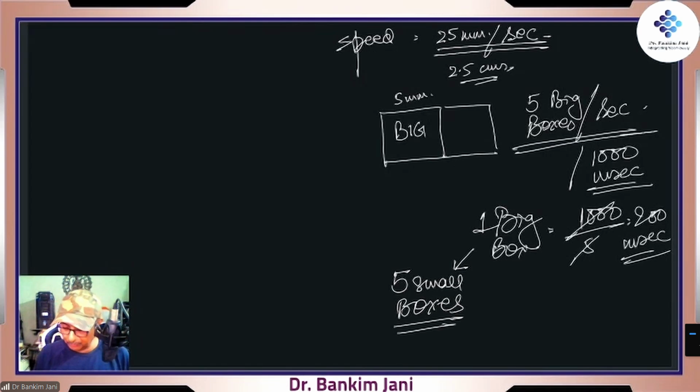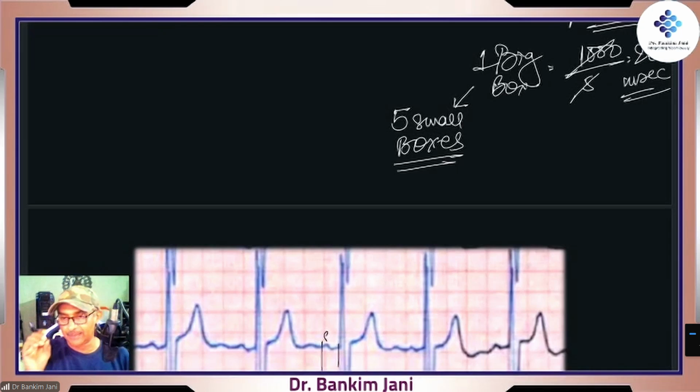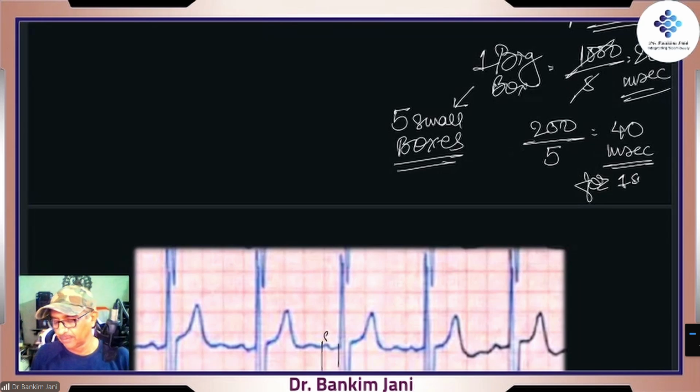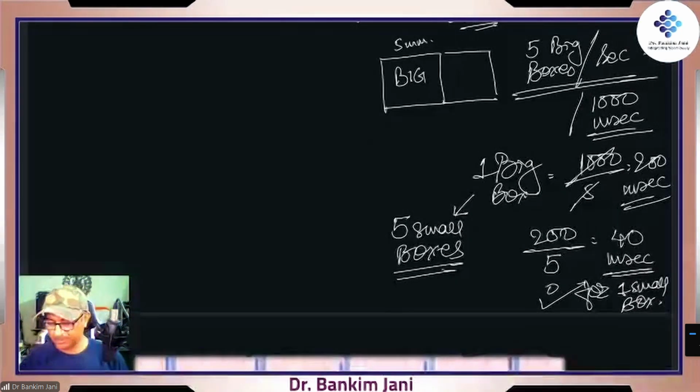So if you want to find out how much time it will take to cover the distance of one small box, again, 200 divided by 5, that comes to 40 millisecond. This is the time for one small box. So far clear?